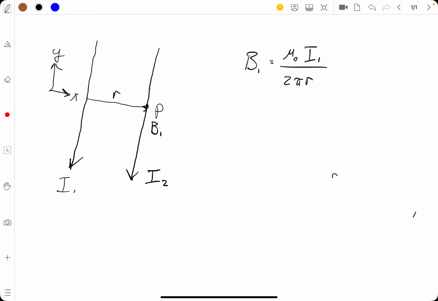I1 is parallel to I2. And the whole question is, what is the force on the second wire?